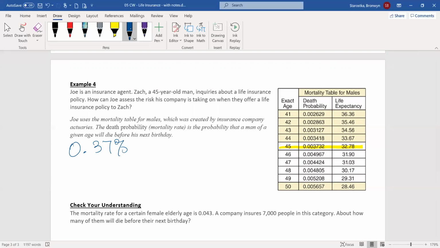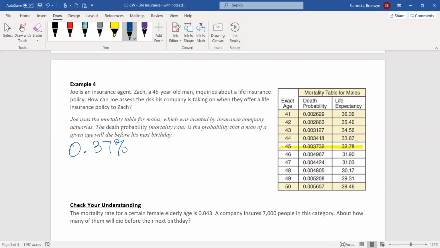So if I move the decimal, there's going to be a couple zeros in front, just like you see over on the right. So 0.37% of men his age will die before they turn 46 years old.